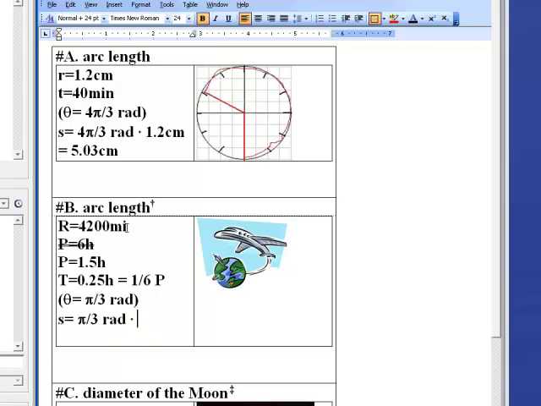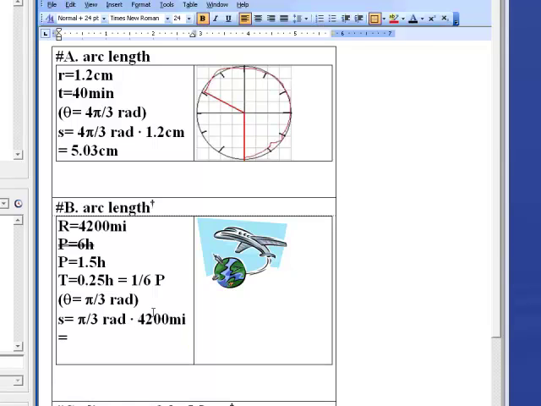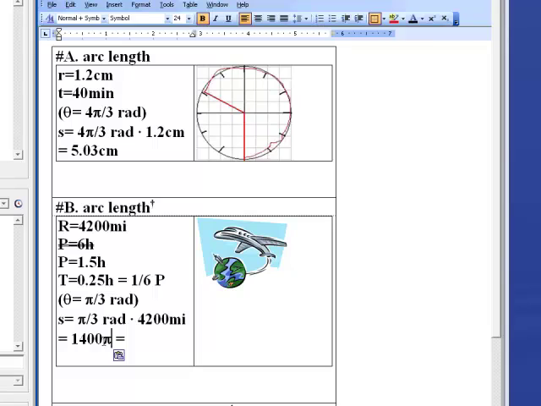The radius is not the 200 miles altitude, but the 200 miles plus the radius of the Earth, so it's 4,200 miles. And again, it says to find an exact value. Well, the exact value then would be 1,400 times pi miles.